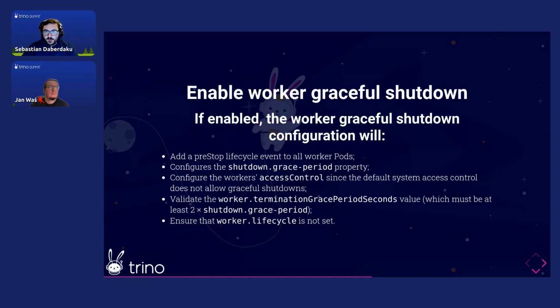Access control must be configured, and the chart does this for you automatically. It also validates the worker termination grace period seconds value, which, if you read the documentation, must be at least twice the shutdown grace period. So if the user makes a mistake, the Helm chart will actually tell them that they have the wrong configuration. And finally, it ensures that the worker lifecycle is not set because it would conflict with the pre-stop lifecycle event that's created automatically by the chart.